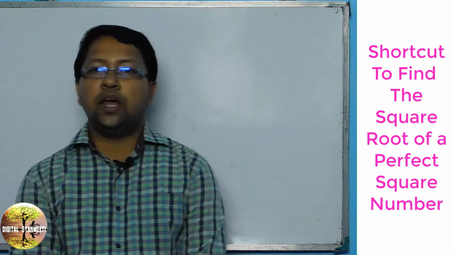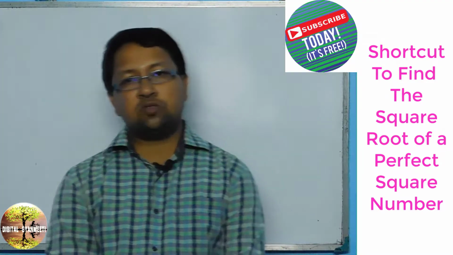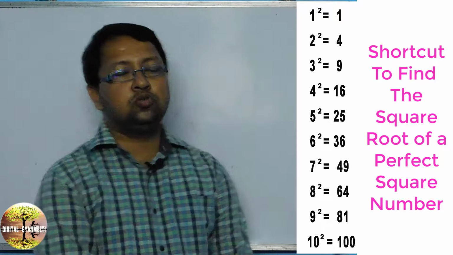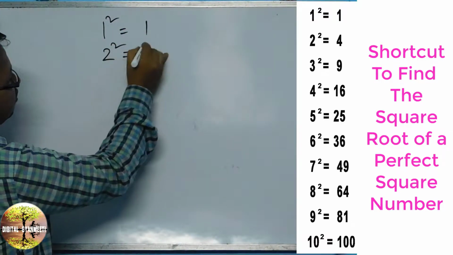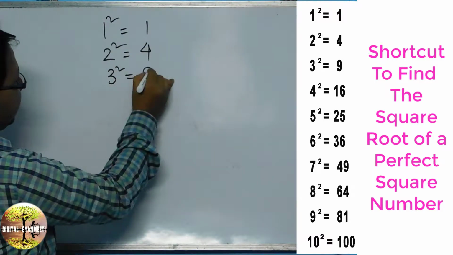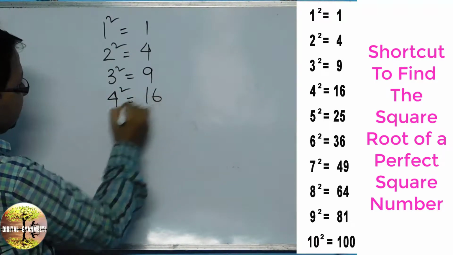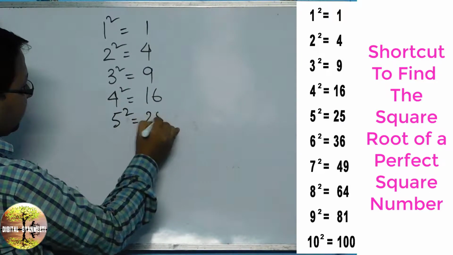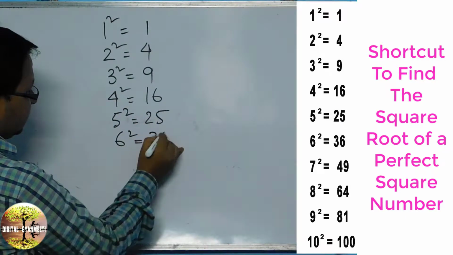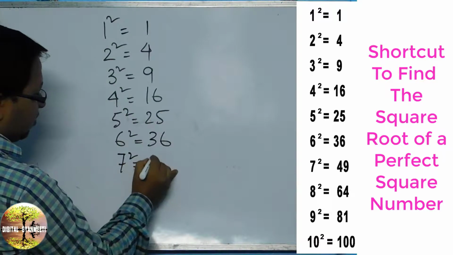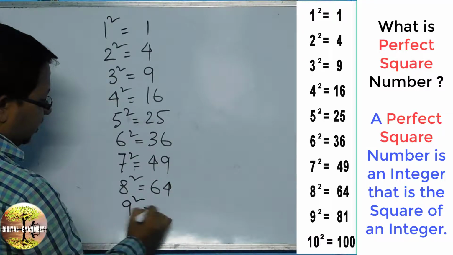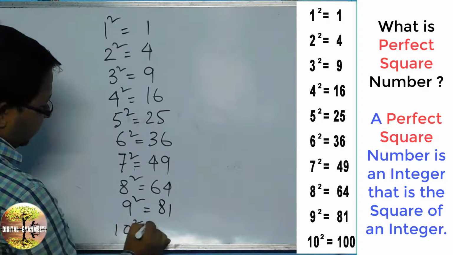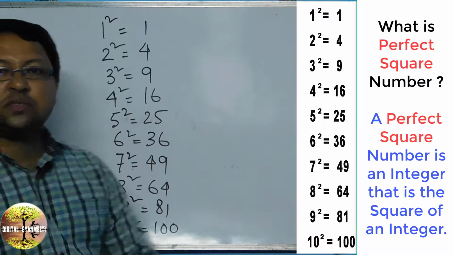Hello friends, today I will discuss a very simple method of finding the square root of a perfect square number. First, we have to know that 1 square equals 1, 2 square equals 4, 3 square equals 9, 4 square equals 16, 5 square equals 25, 6 square equals 36, 7 square equals 49, 8 square equals 64, 9 square equals 81 and 10 square equals 100.